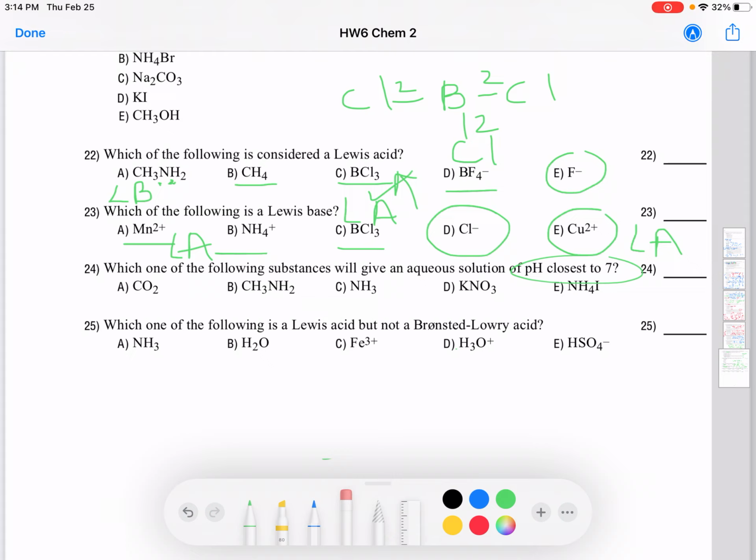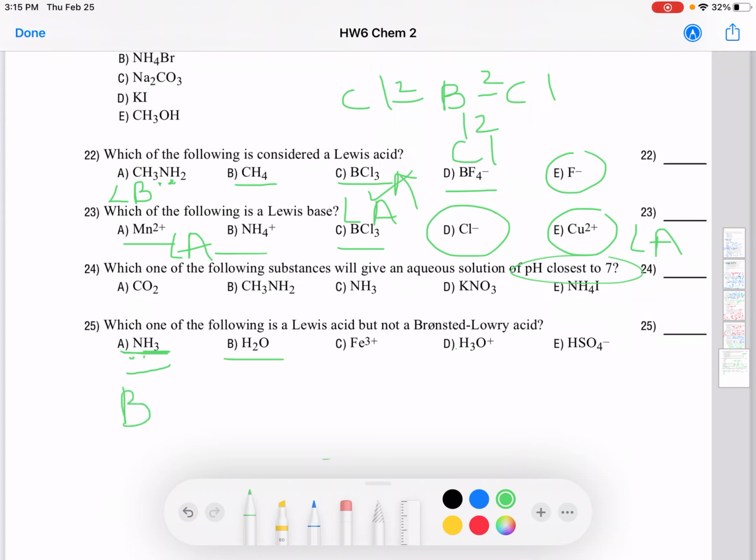Okay, now let's look at ammonia. Is it an acid or a base? We are looking at a Lewis acid but not a Bronsted-Lowry acid. So ammonia can be considered a Lewis base since it has a lone pair, or a Bronsted-Lowry base. So this is a base.